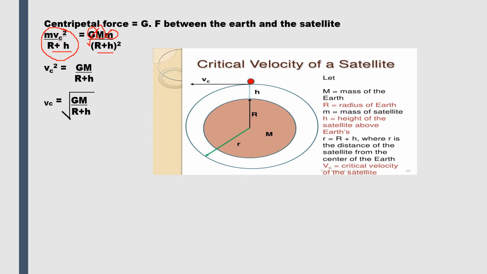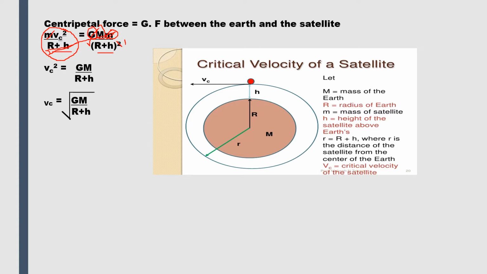Now if m Vc square upon R plus h is equal to G M m upon R plus h the whole square, the mass m of the satellite will get cancelled from both the sides. One R plus h will also get cancelled, so we get Vc square is equal to G M upon R plus h.